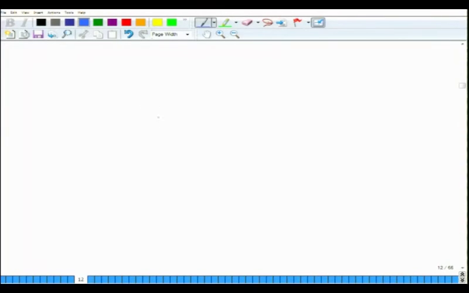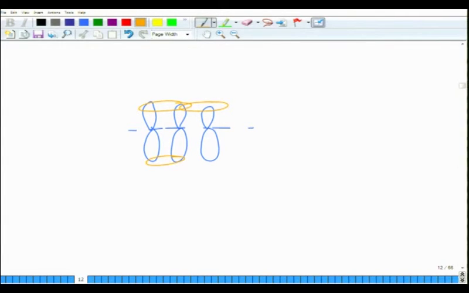If you look at this, you can have these p type of lobes. Suppose you have these p type of lobes along the chains of a polymer, like this. The bond which forms between these and the neighboring ones is called a pi bond.